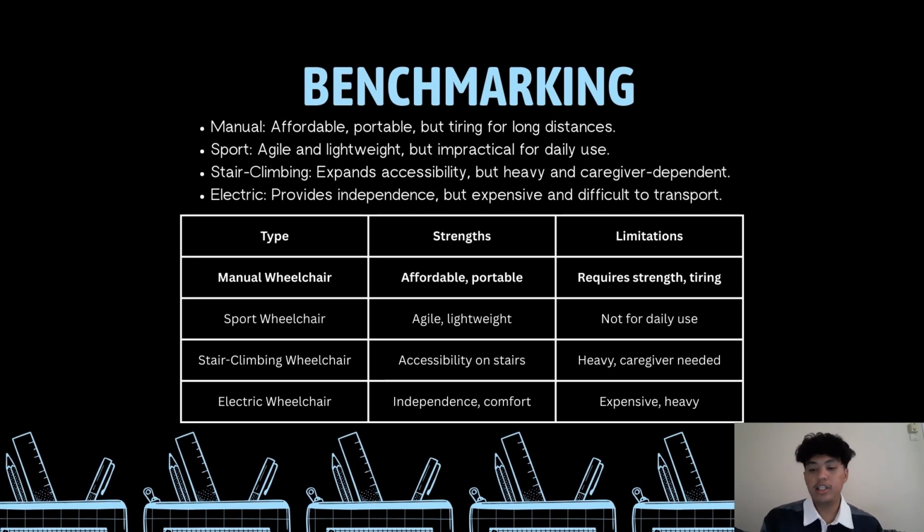They provide the independence and comfort many users need, but they come with a high price tag and are difficult to transport due to their weight. This benchmarking highlights a clear gap. Users need a solution that combines the independence of an electric chair with the durability and practicality of a daily use vehicle. This analysis directly informs the criteria we use in our concept analysis, which I will show you next.